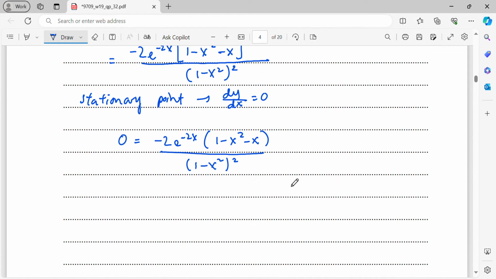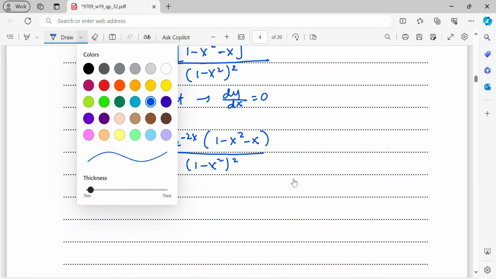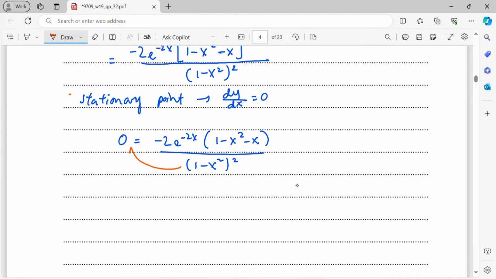Now, when you're solving this, you move up the denominator, but it is still 0, which means my next step is 0 equals negative 2e^(-2x) multiplied with (1 minus x squared minus x). When you have multiplication of two terms equal to 0, one of them must be 0.